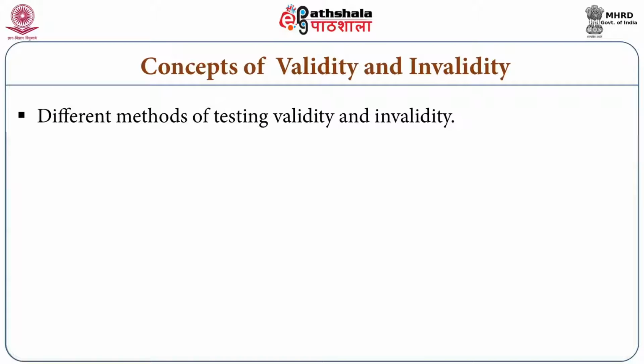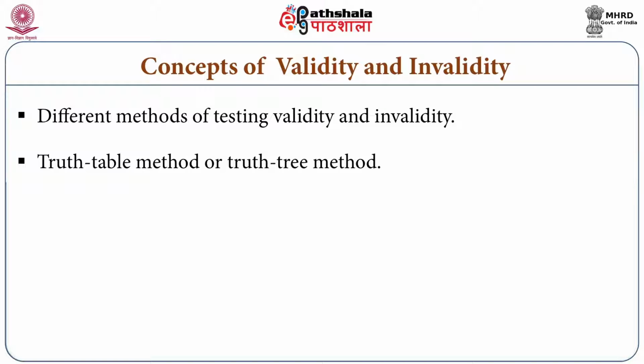So far we have seen that there are different techniques and methods of checking arguments depending on different systems. For some we have used truth table, the common one, for some natural deduction system, for some truth tree and things like that.